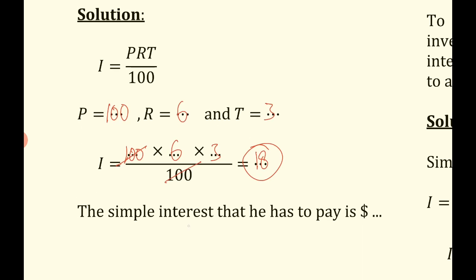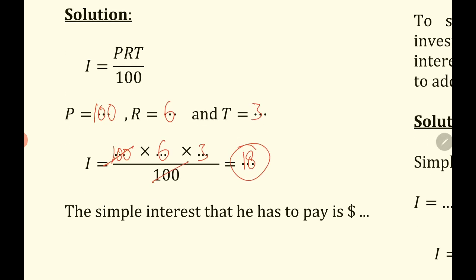Okay, so the simple interest that has to be paid is $18, because this is asking about simple interest, not the total money that he has to pay. If it's asking about the total money he has to pay, it comes up to $118, because of course he has to also pay the $100, but it's asking about the simple interest only.